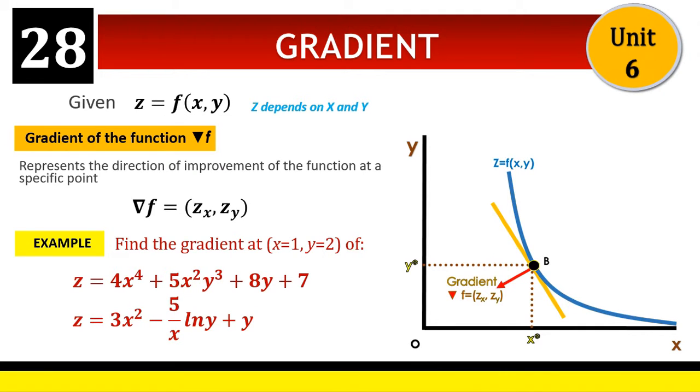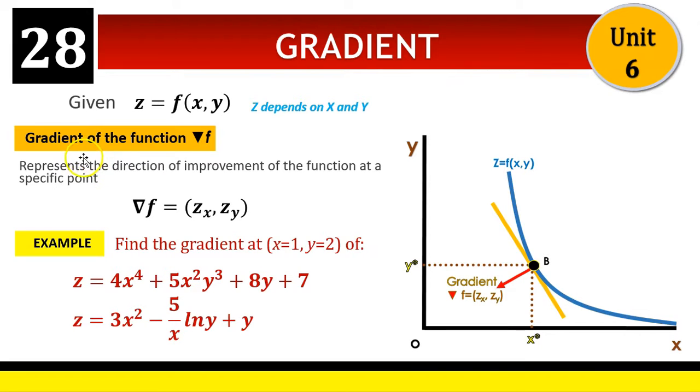In order to understand the Lagrange optimization, we first need to learn about gradients. Let's consider z, which is a function of x and y. The gradient is represented by an inverse triangle next to the name of the function.